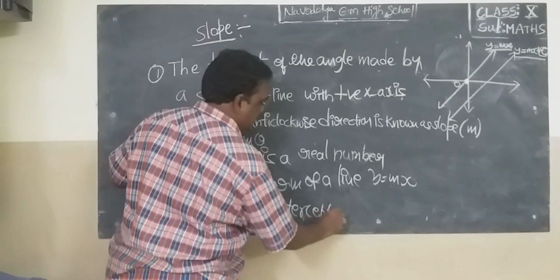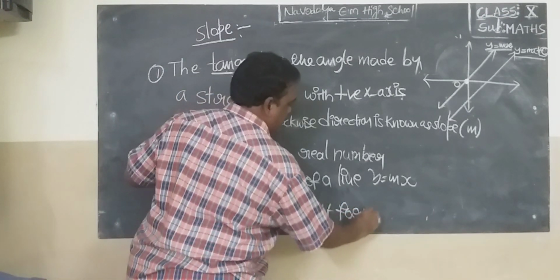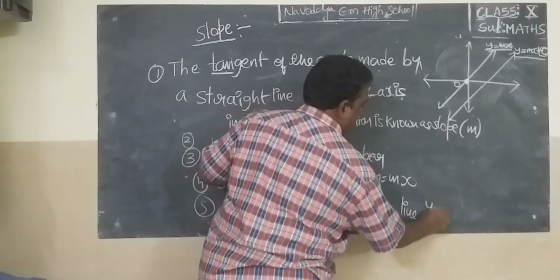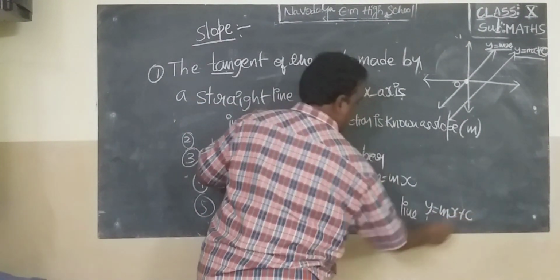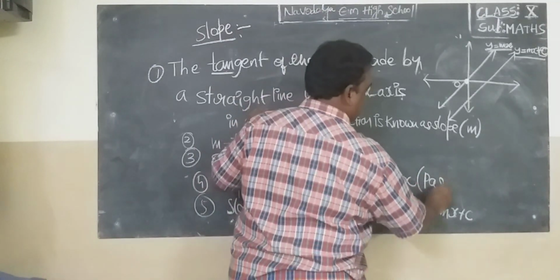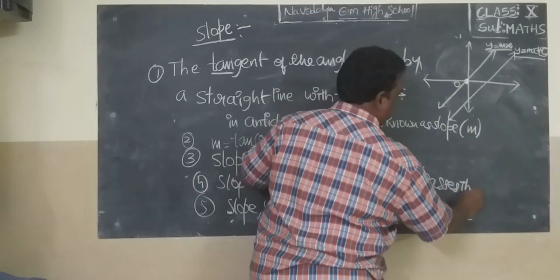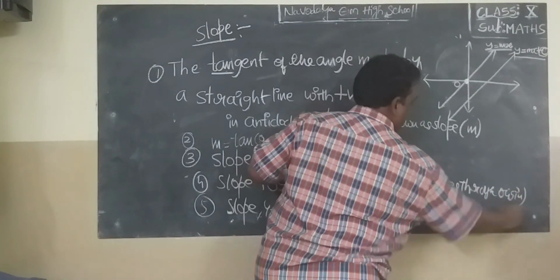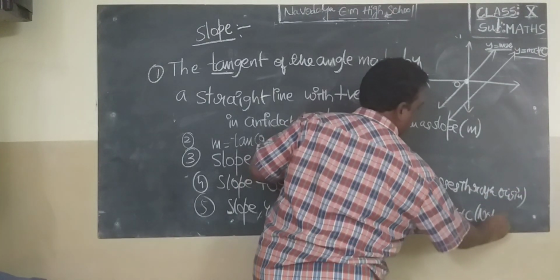Slope, y-intercept form of a line, y equal to mx plus c. y equal to mx passes through origin, and y equal to mx plus c does not pass through origin.